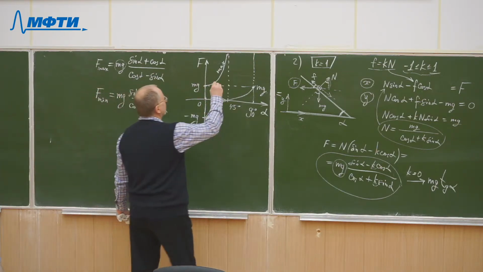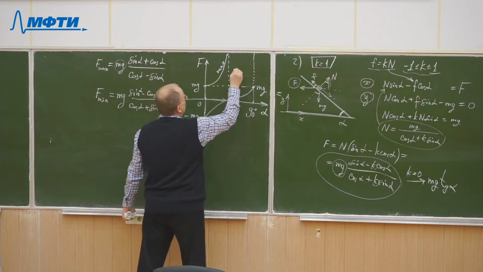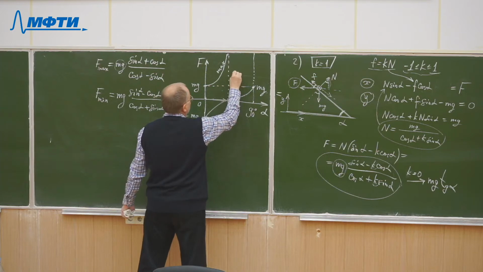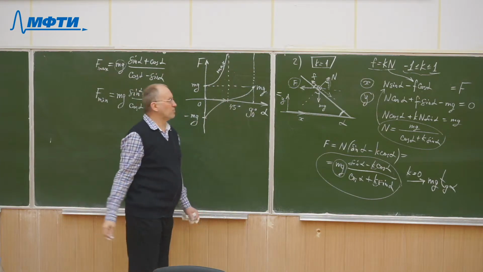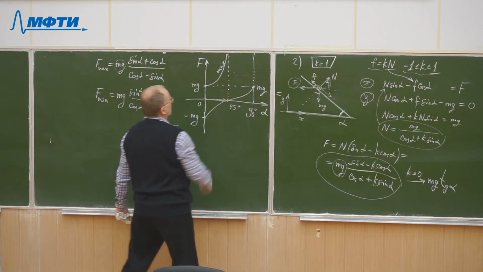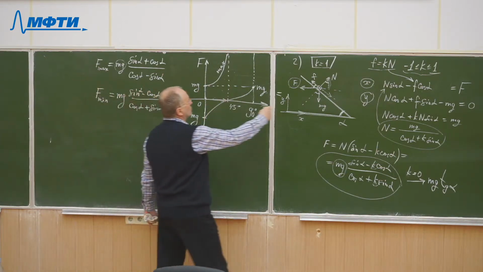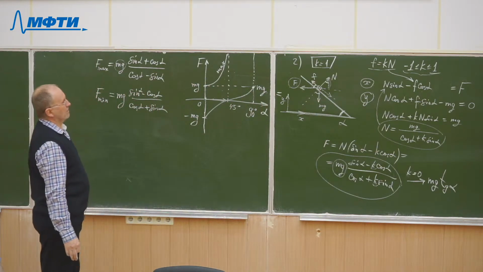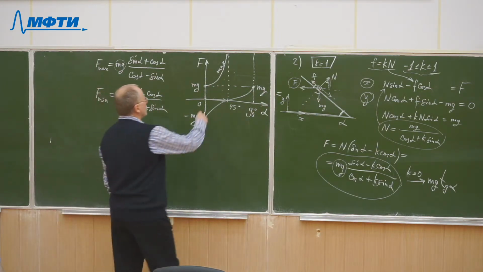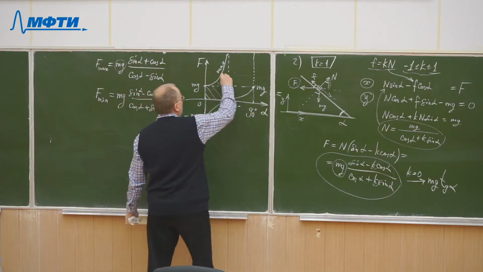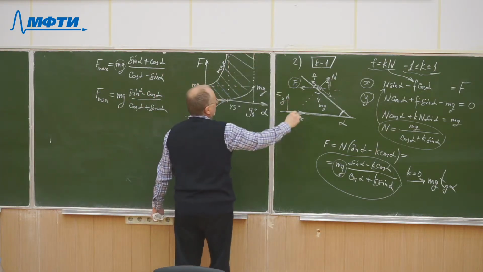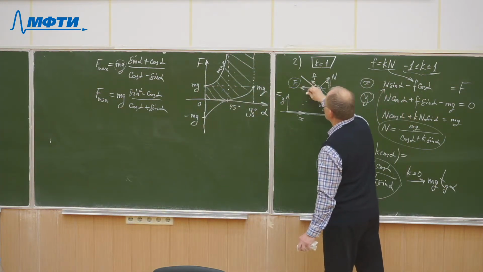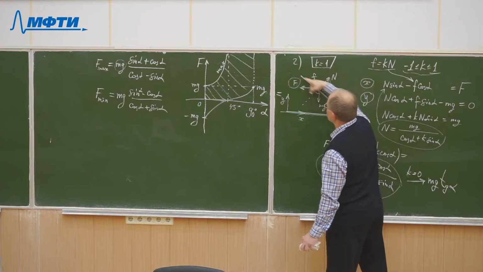Any point inside this figure gives you a force which is quite reasonable and will satisfy the conditions of the problem. Any force from this area applied to the body will ensure that the body is at rest, in stable equilibrium. Positive forces in our convention are directed here, so positive forces press the body against the surface.